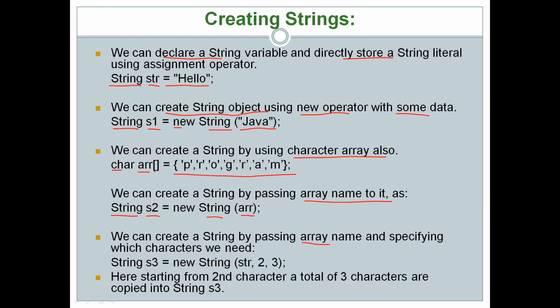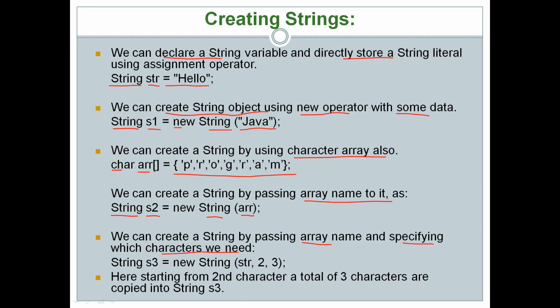There is another way: array name, and specifying which characters we need. Even some few characters from the character array can be included in a new string which we are creating. It is not like we have to have all the characters from the character array.